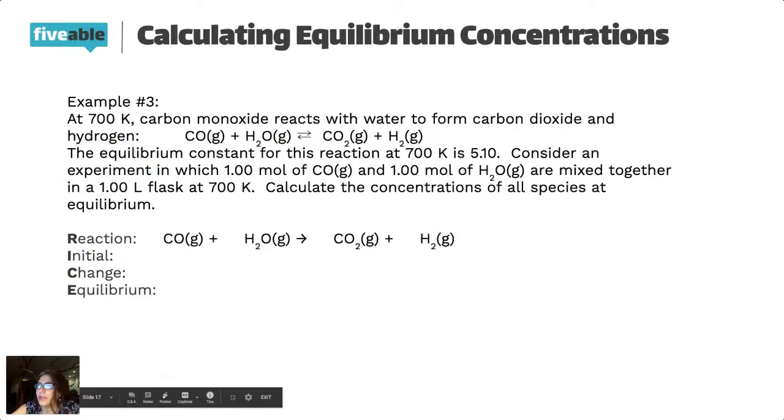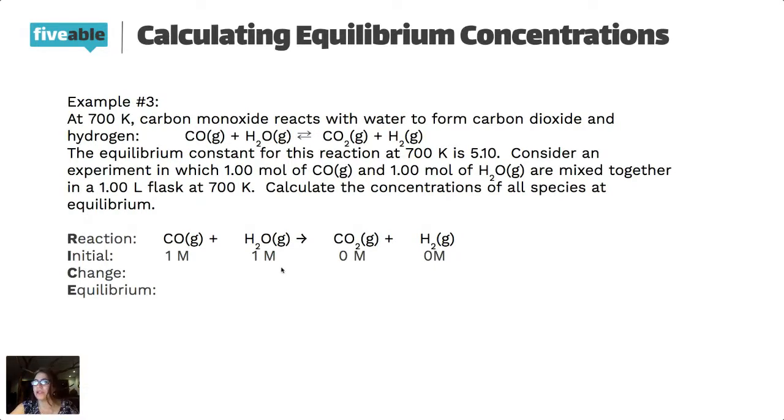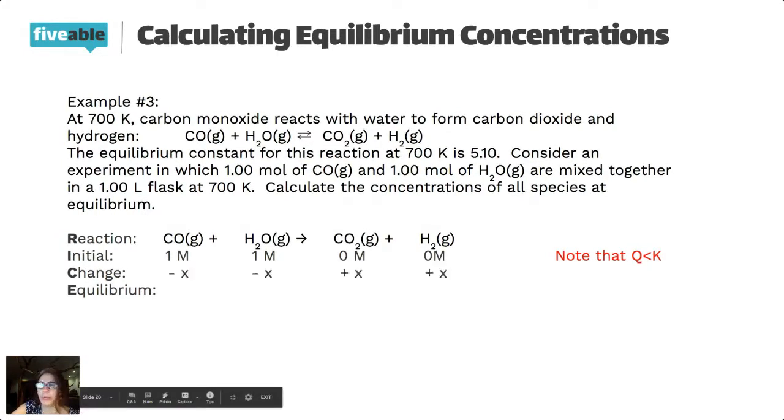So we place the reaction. We use our data for the initial concentrations. And here it's obvious that the reaction is going to shift towards the products because we have non-zero reactants. The change we show with X. So these are going to decrease by X, while these are going to increase.